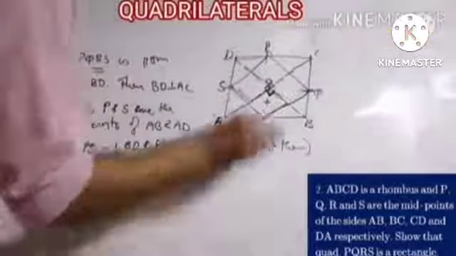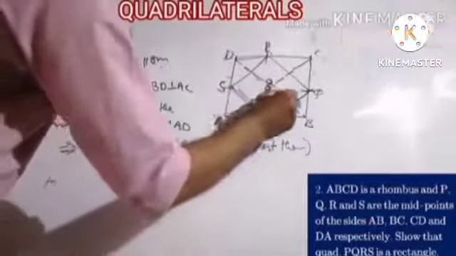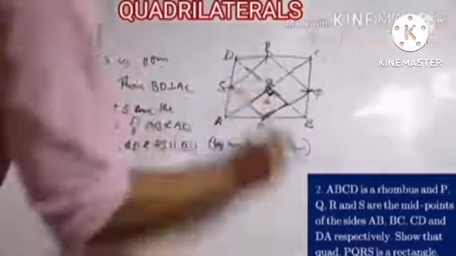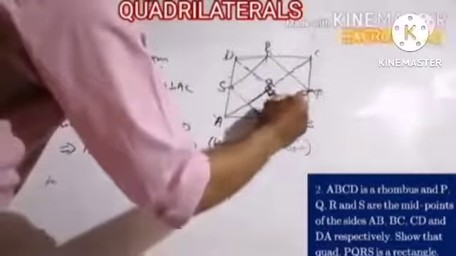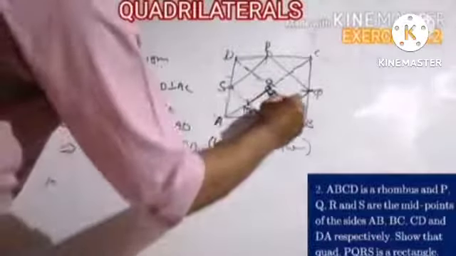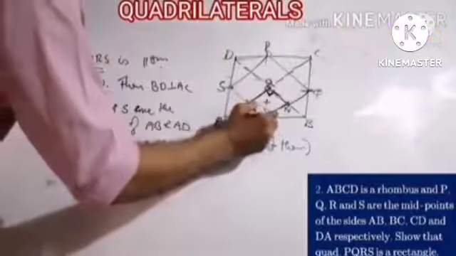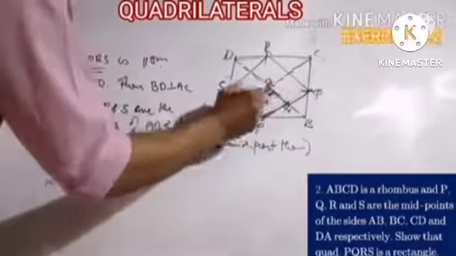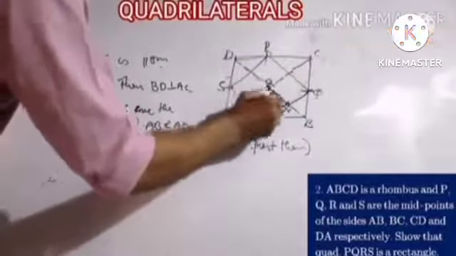Okay. Now consider this figure only. And name these two meeting points also. Let it be M and N. Now we have a new quadrilateral here, PMON. This figure. PMON. Okay.